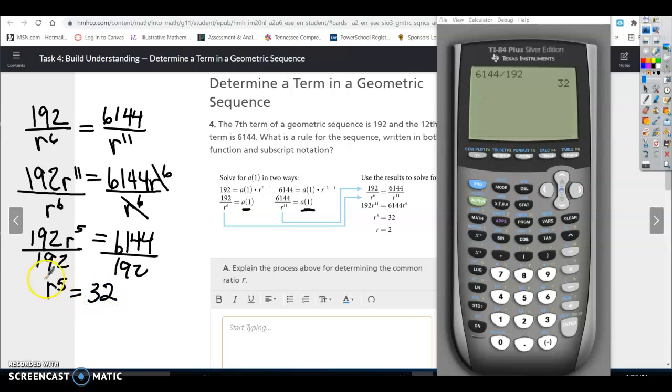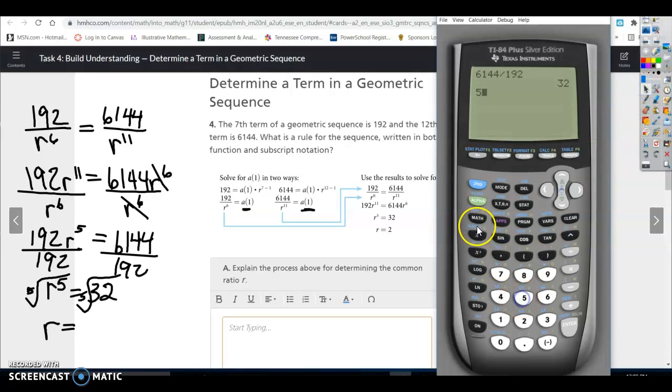All right, now we want r, not r to the 5th. So what undoes a 5th power? Well, if you know what multiplies 5 times to give you 32, then you don't have to worry about that. But if you don't, you can take the 5th root. The 5th root undoes the 5th power. So what is the 5th root of 32? And you can do that on your calculator as well.